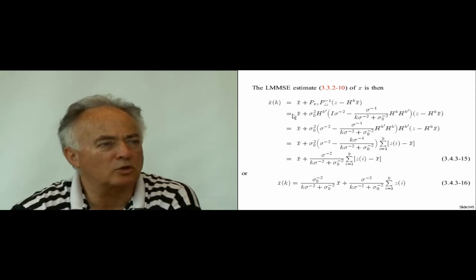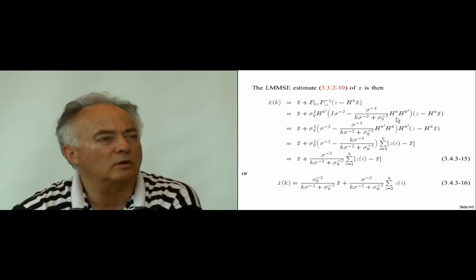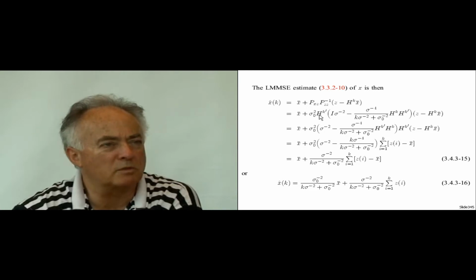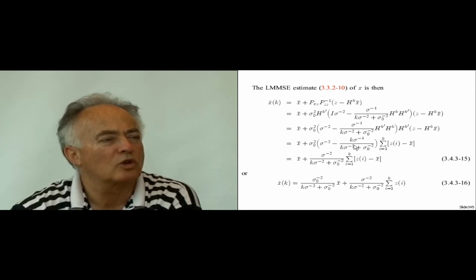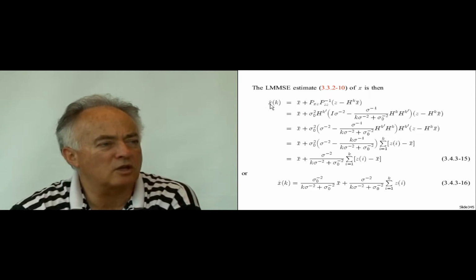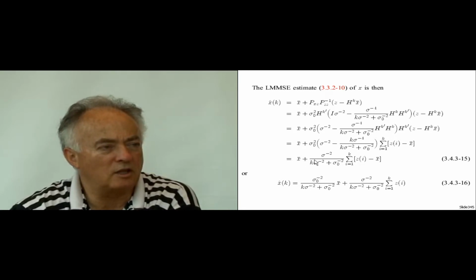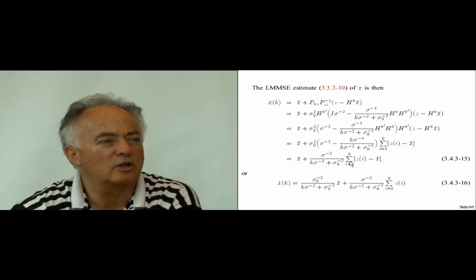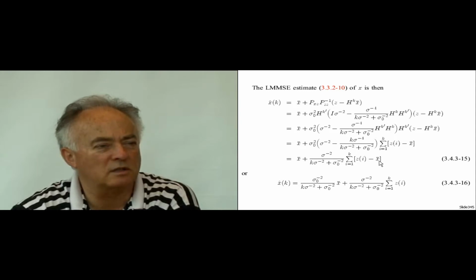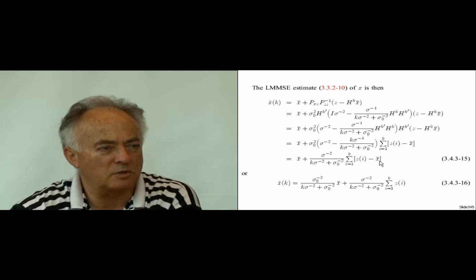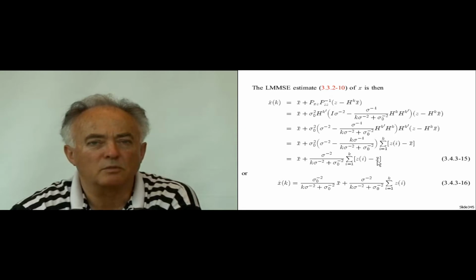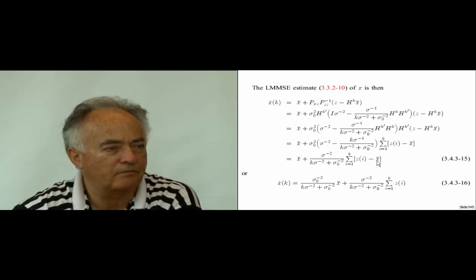They will be substituted, and simple algebra leads us to the expression that the estimate at time K is a linear combination of the prior plus some gain here multiplying the sum of Zi minus X bar, where Zi are the observations, X bar is the prior mean on X.